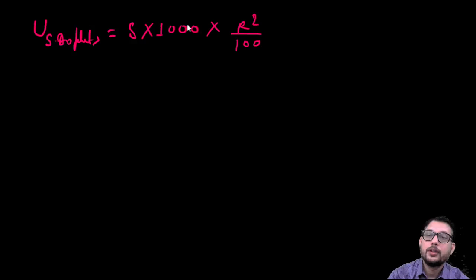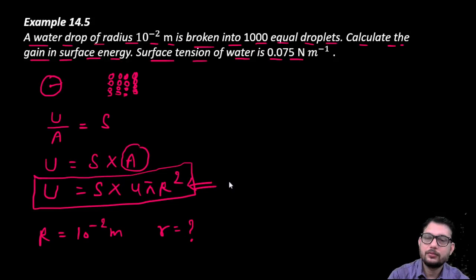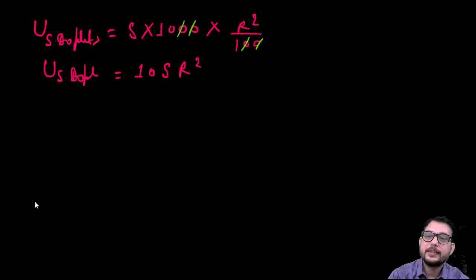You can see that two zeros cancel out, and we simply have that small droplets have the energy 10 times 4 pi capital S capital R square. So this is your equation number 1, that is for the bigger drop. And this is your equation number 2, that is for the small droplets.